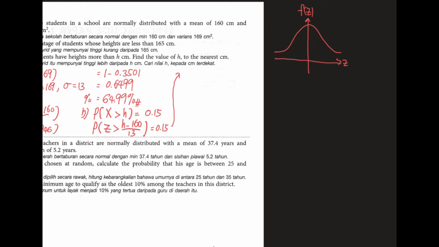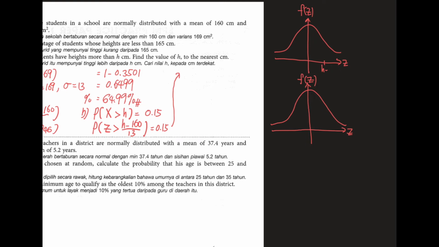Our probability is 0.15. So maybe you're wondering, is this Z-score a positive value or negative value? It seems not clear, so we don't know whether this is positive or negative. So we use the graph to get the idea. I will draw out two graphs. From there you will see whether the fraction is positive or negative.